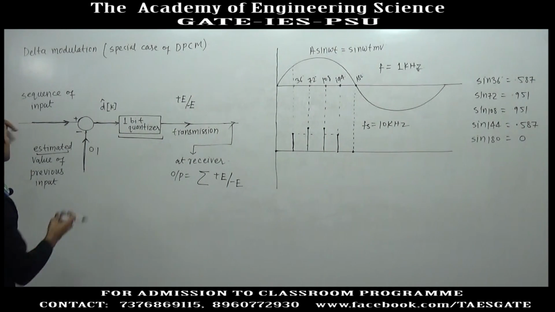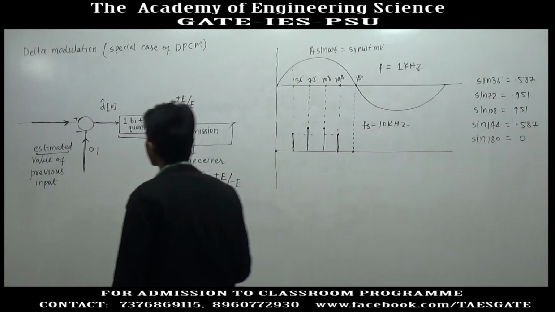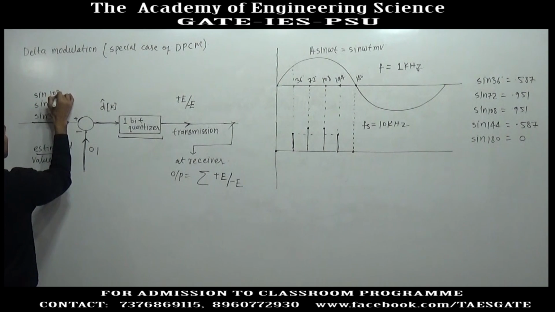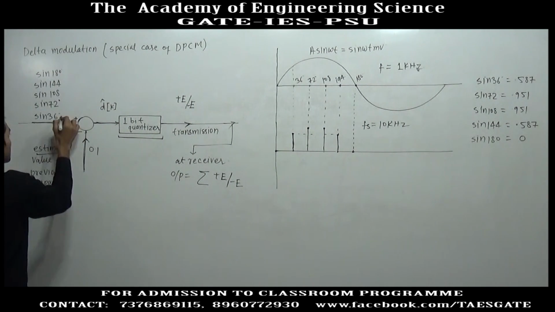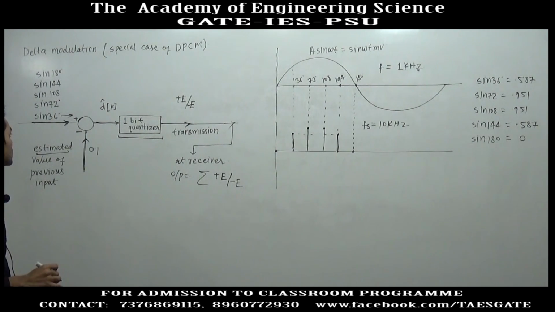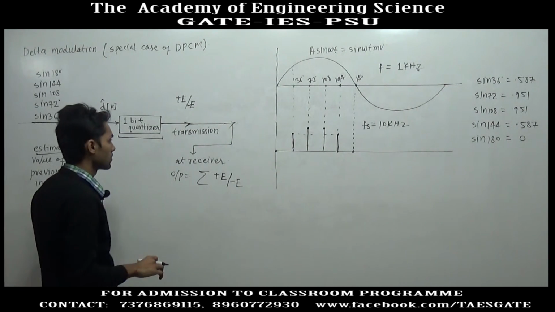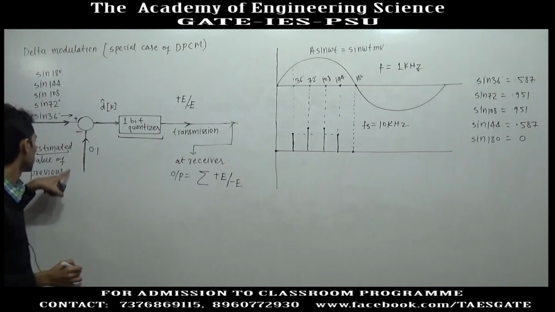Here we have the sequence of actual input. The first input is sin 36 degree, then sin 72 degree, then sin 108, sin 144, and then sin 180 degree. These are the inputs. Here we have the estimated value of previous input. The actual value of the previous input is 0, but we do not have the actual input.